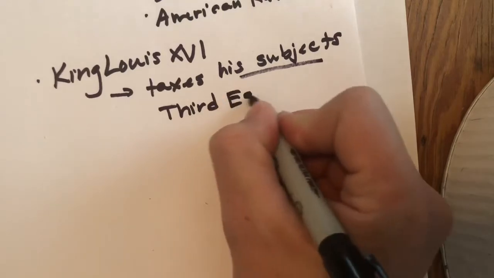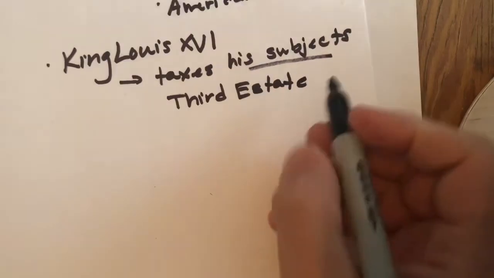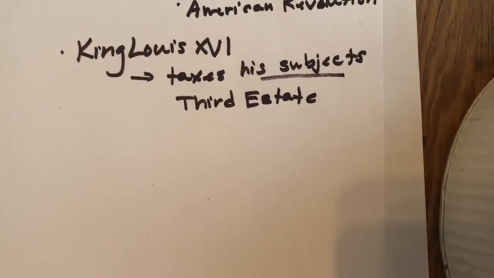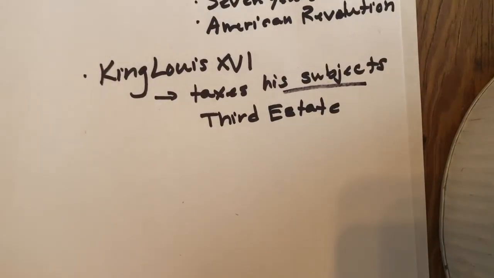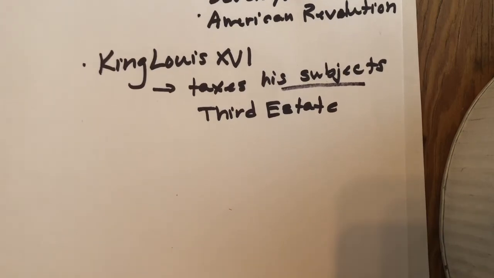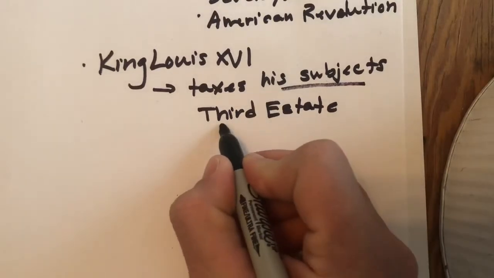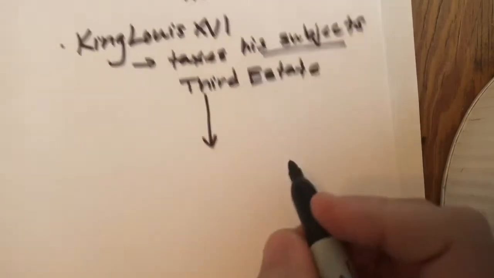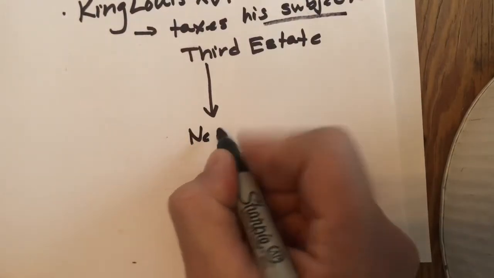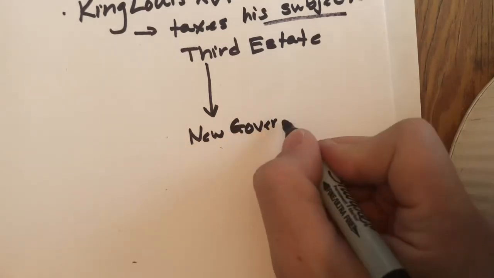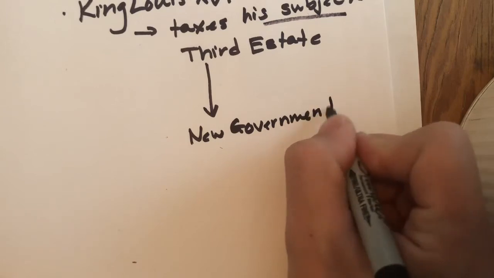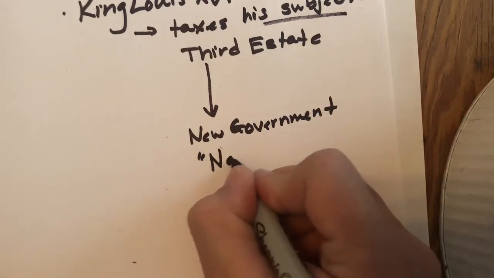The third estate is basically the peasants or lower class, and they are very unhappy at this. The first and second estate, the clergy and the nobles, don't have to pay a lot in taxes, even though they make a lot of money. So the third estate says, I'm out of here, and they form their own government, called the National Assembly.